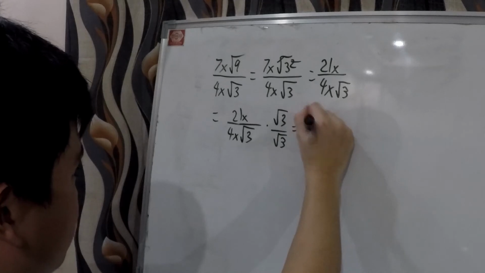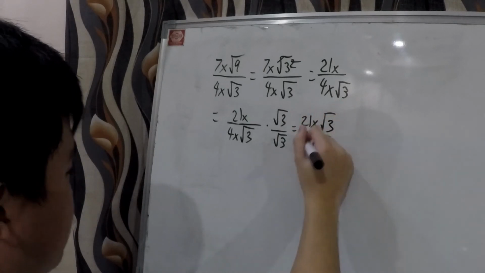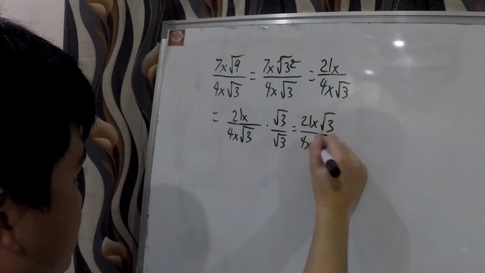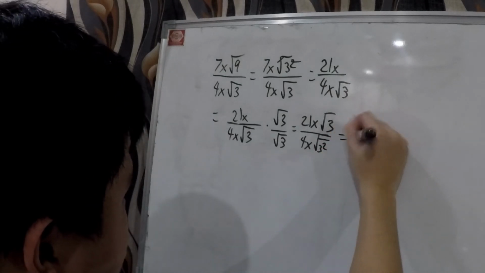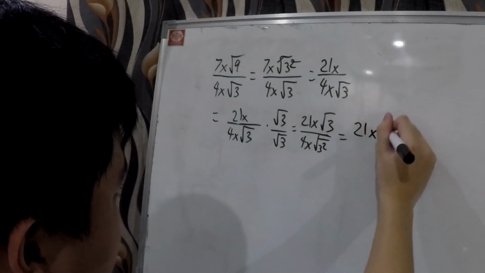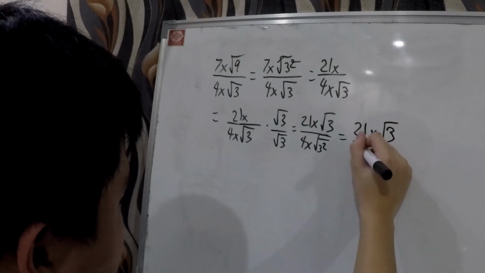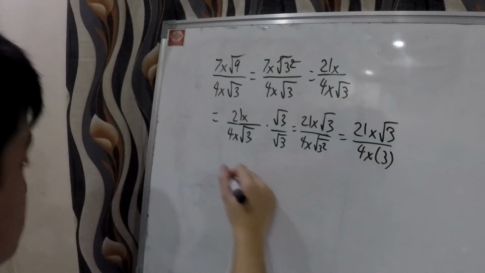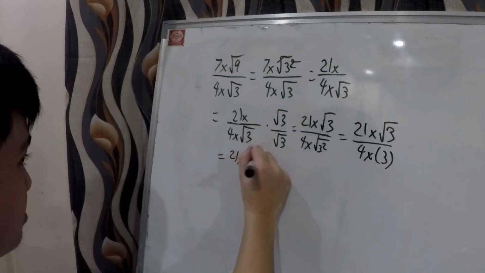This is equivalent to 21x times the square root of 3 over 4x times the square root of 3 squared, which means that this is equivalent to 21x times the square root of 3 over 4x times 3, which makes this 21x times the square root of 3 over 12x.